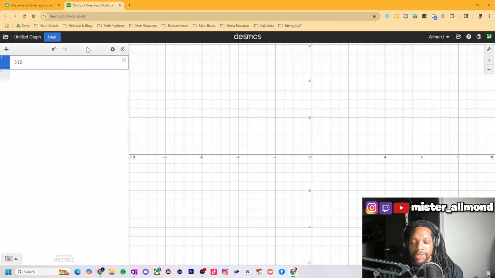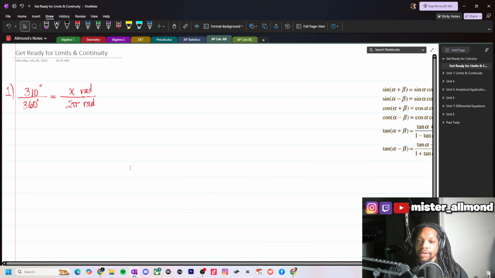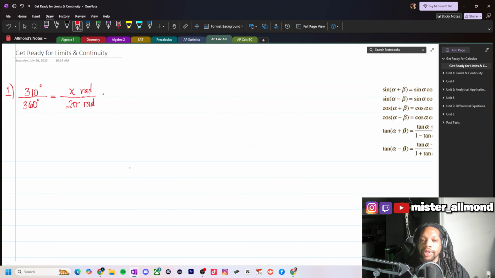We have 310 over 360, and then as a fraction, 31 over 36. I would have thought it did more than that. 31 over 36, and then that is equal to x over 2 pi. And then I'm just going to cross multiply real quick. So I got 36x equals 31 times 2 pi.